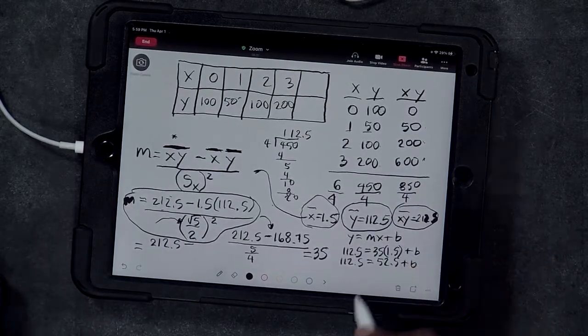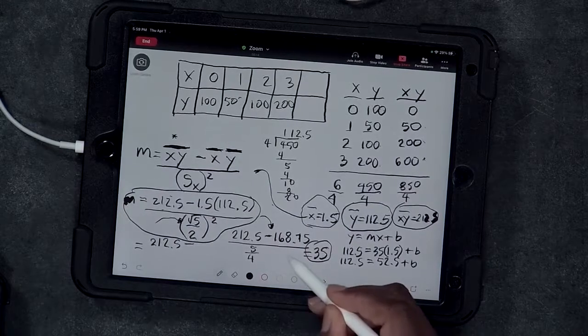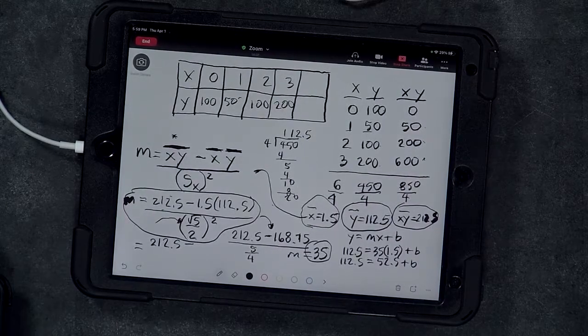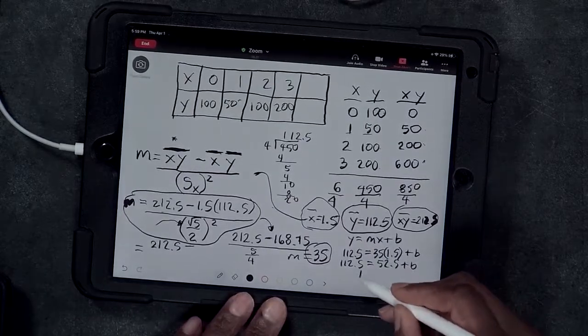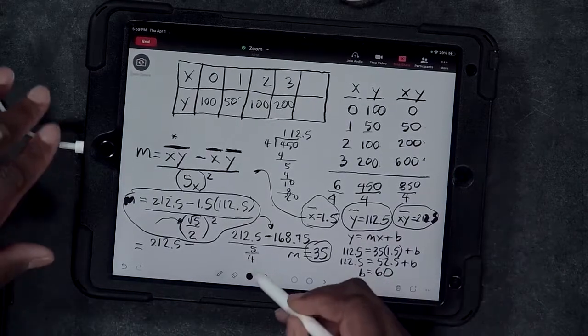Just like in Algebra 1, we found a slope first, and now we're finding the y-intercept. So now I'm going to take that 112.5 and subtract the 52.5. And I get 60. The y-intercept is 60. So now you have the equation.